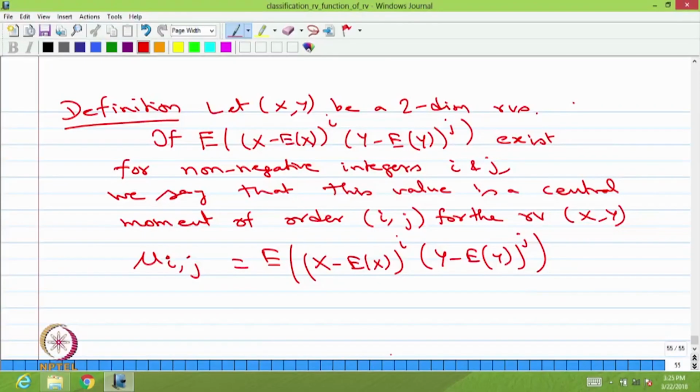This is a special case of the definition which we have given, the expected value of a function of a random vector, because this is a very special function, that is (X minus expectation of X) to the power i multiplied by (Y minus expectation of Y) to the power j. We can have a few results over this definition.